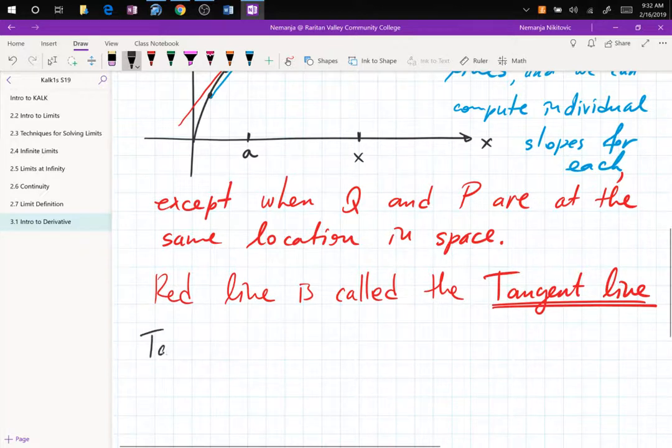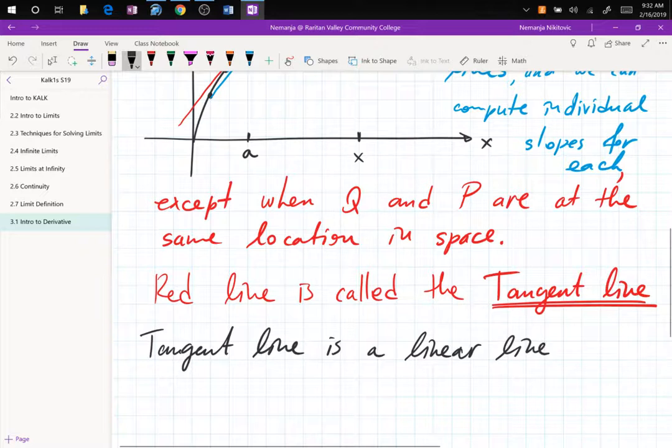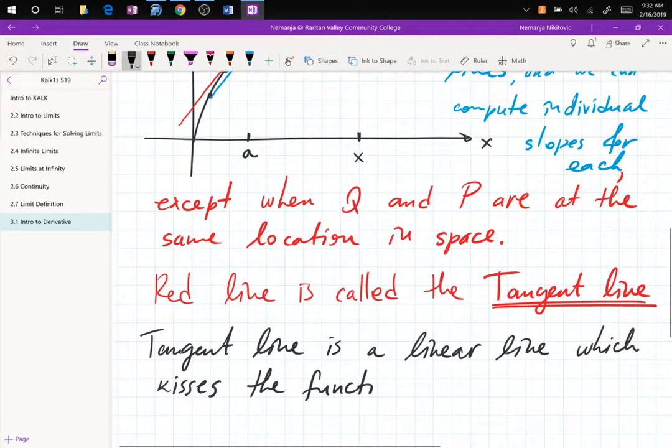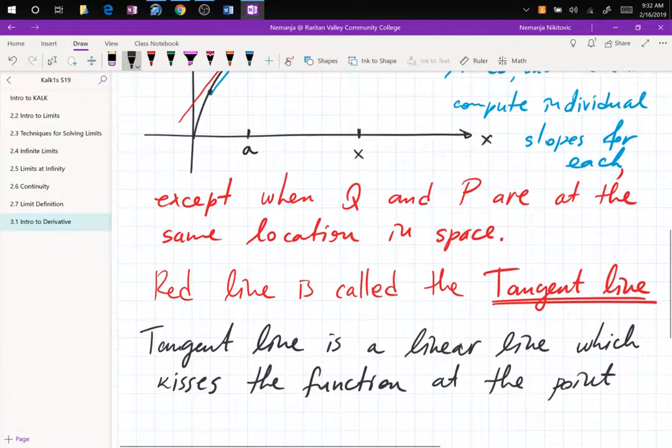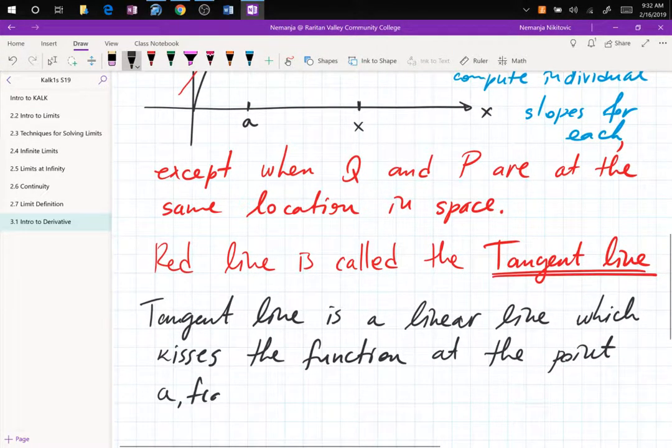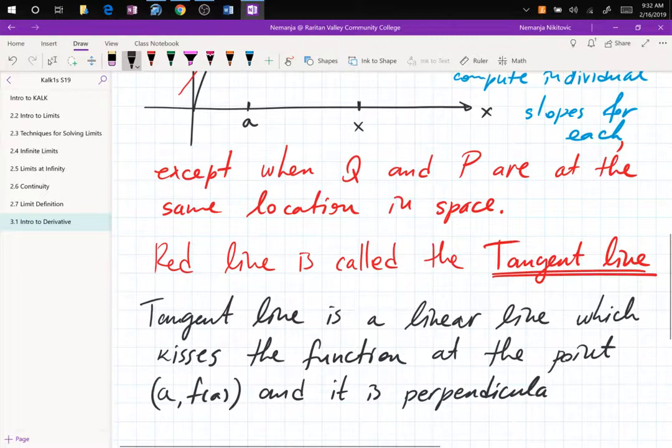So, a tangent line is a linear line which kisses the function at the point (a, f(a)), and it is perpendicular to the curvature.